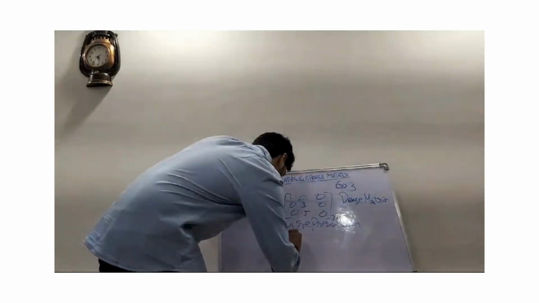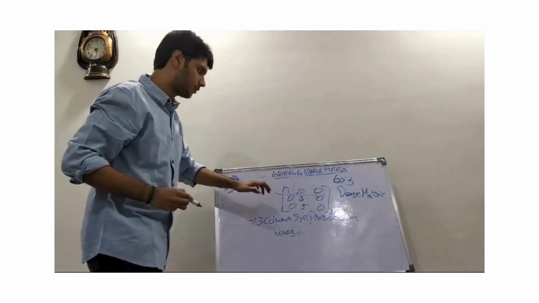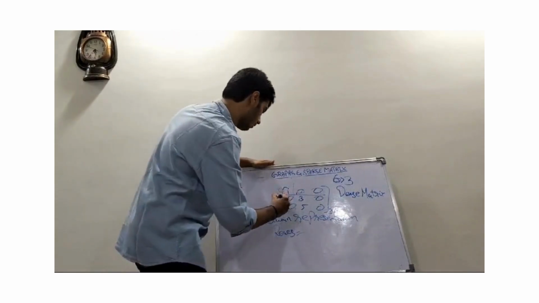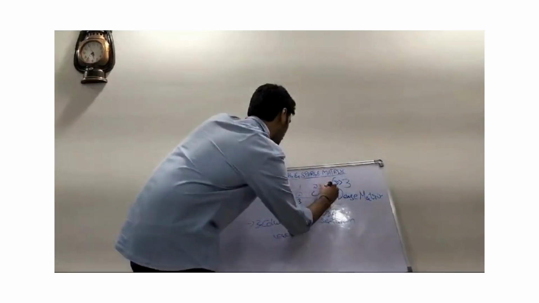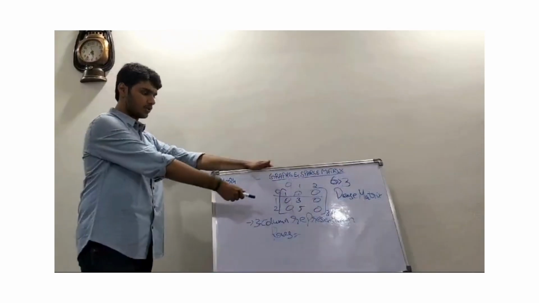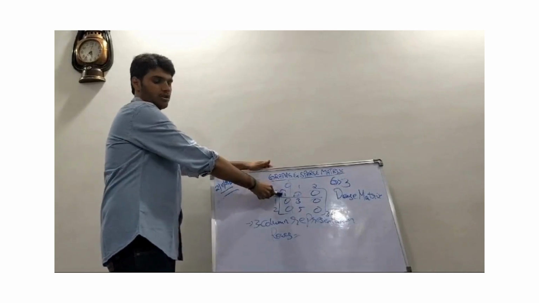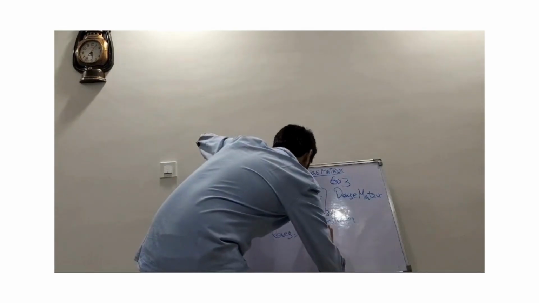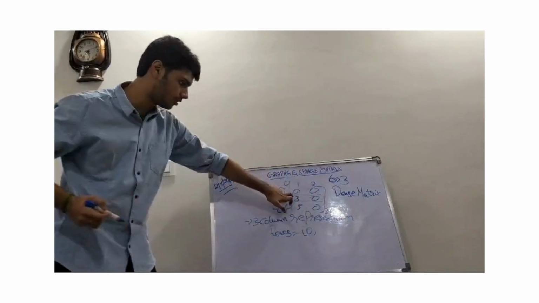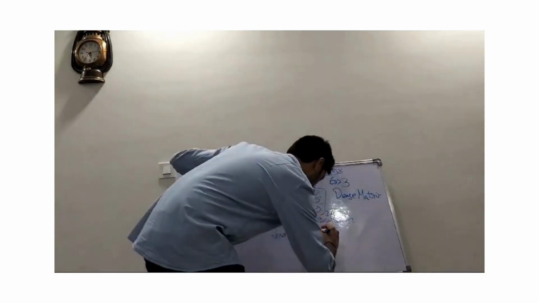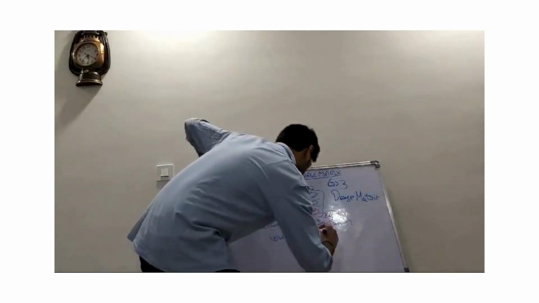The row indices would be represented as 0, 1, 2, and the same for the columns 0, 1, 2. In the 0th row and the 0th column we have the first non-zero value, so it can be written as 0. Then in the first row we have our next non-zero value, so we write 1. Then in the second row we have the third non-zero value, so we write 2.